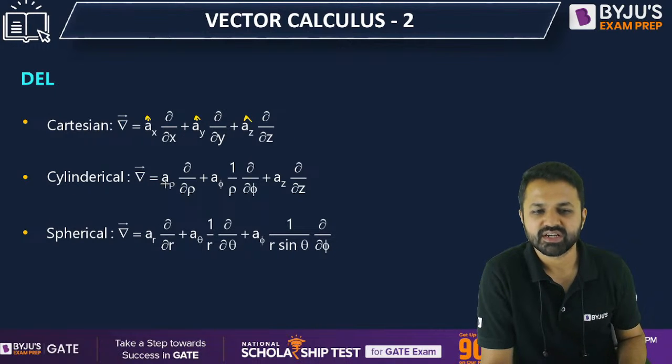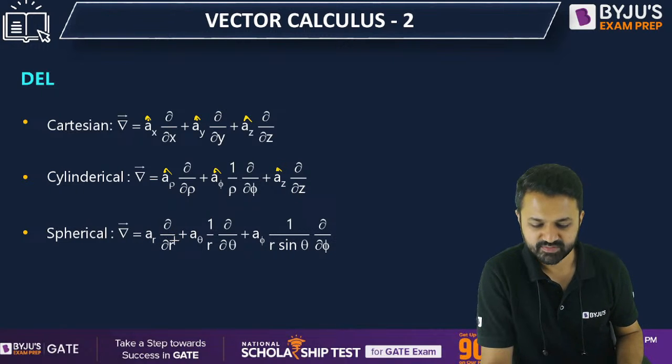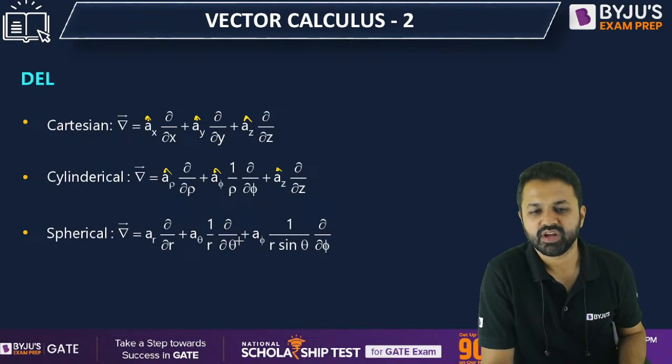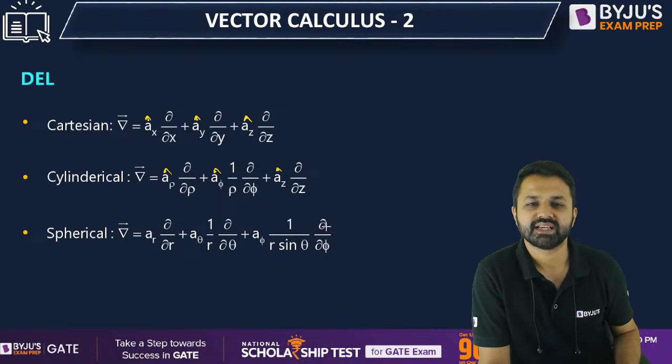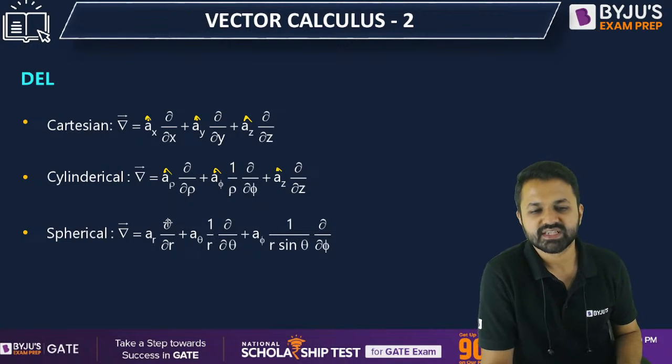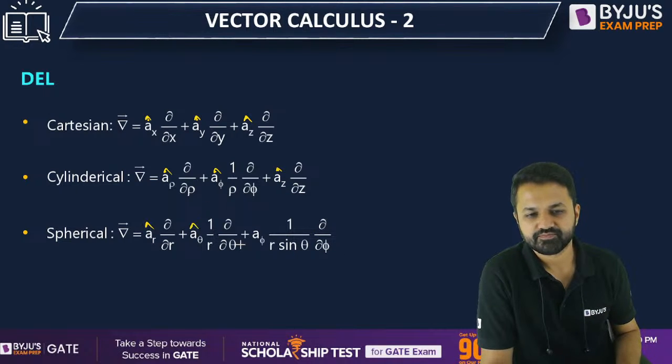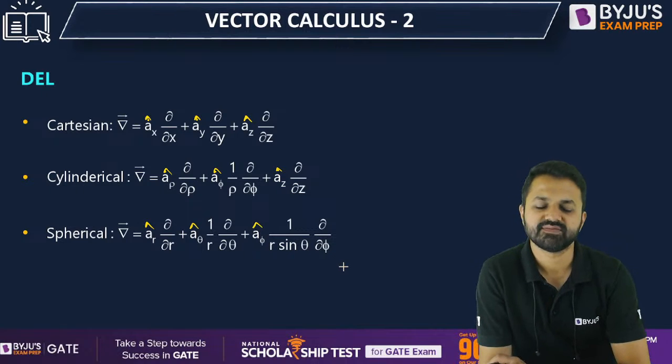In the cylindrical coordinate system, the unit vectors are a rho, a phi, and az, and the del operator is del upon del rho, 1 upon rho del upon del phi, and del upon del z. In the spherical coordinate system, it is del upon del r, 1 upon r del upon del theta, and 1 upon r sin theta del upon del phi.